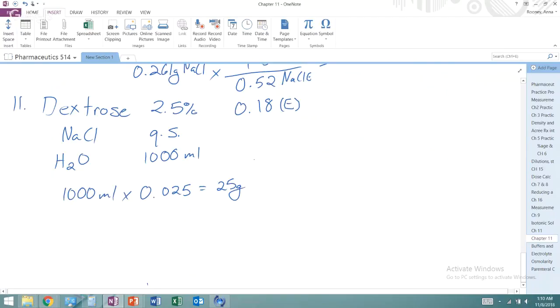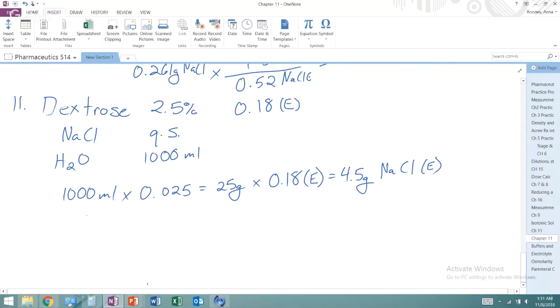All right, that's 25 grams. Then we have to find out its pulling power, so we have to multiply that by its E value. And that is 4.5 grams of sodium chloride equivalent. So that's its equivalent pulling power to sodium chloride.